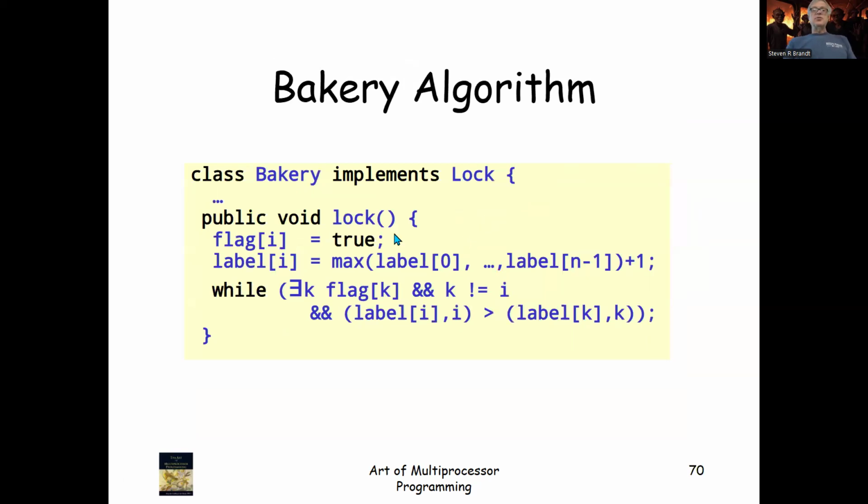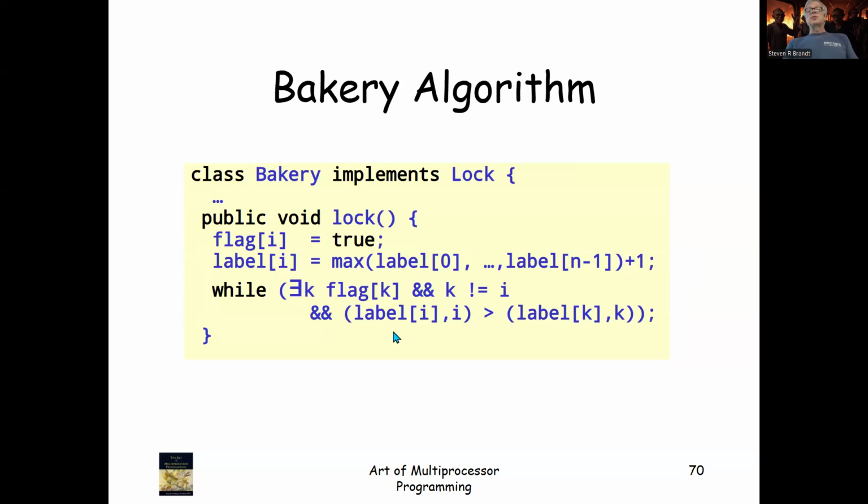In your lock method, you're going to raise your flag to true, and then you're going to get your label by looking at the maximum of all the other labels and adding 1 to it. So you're going to pick something that's larger than anybody else's. Now, of course, there's a danger: if two threads do this step at the same time, they might get the same number. So that's why we have the tuple.